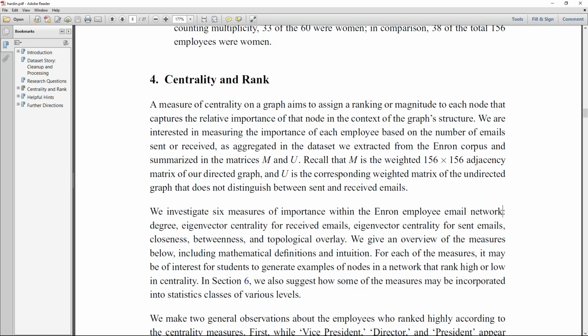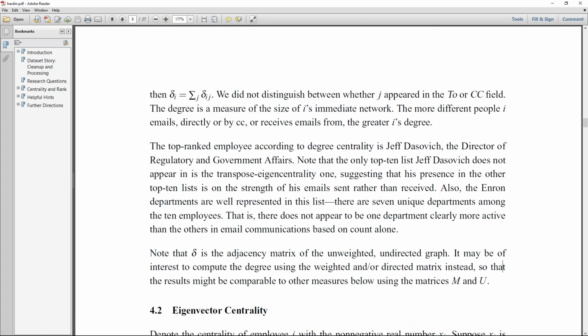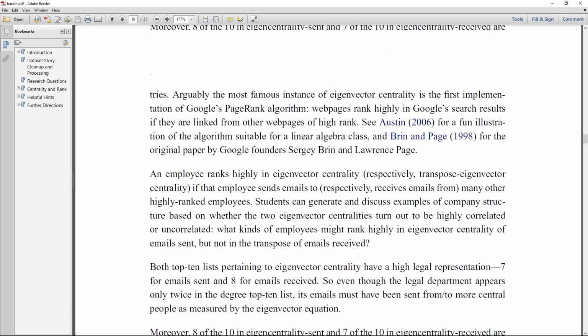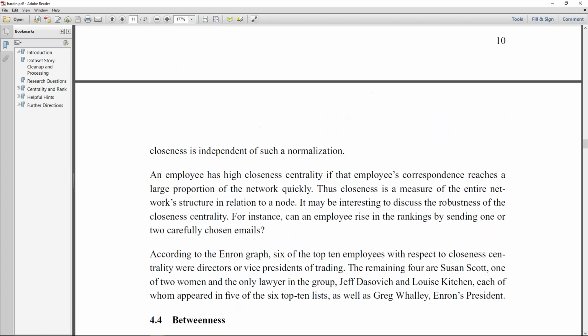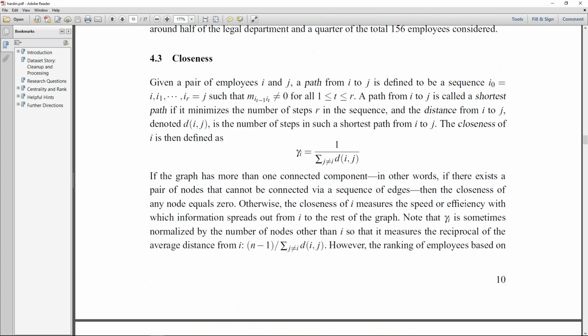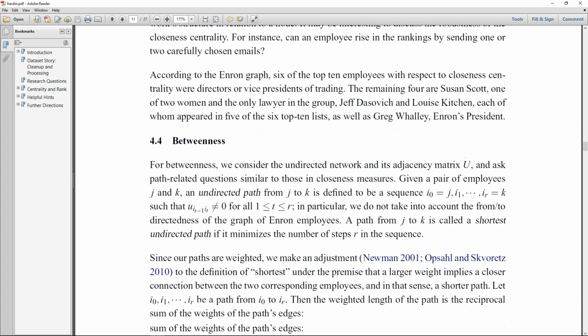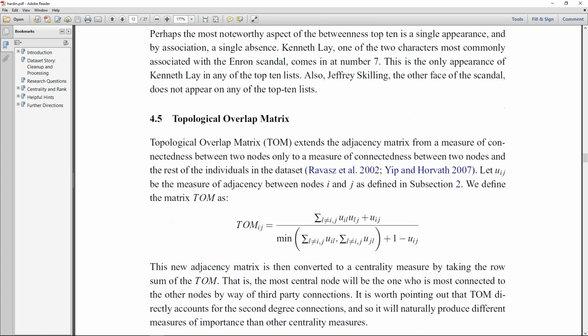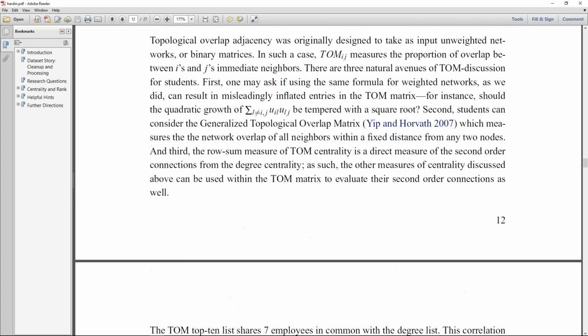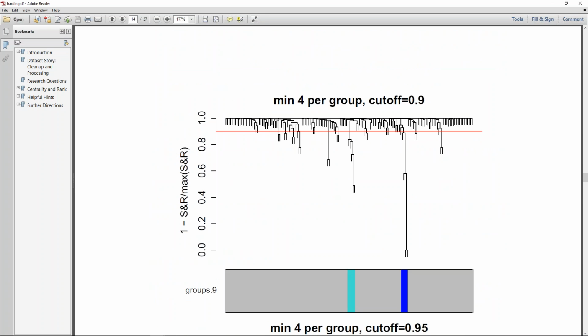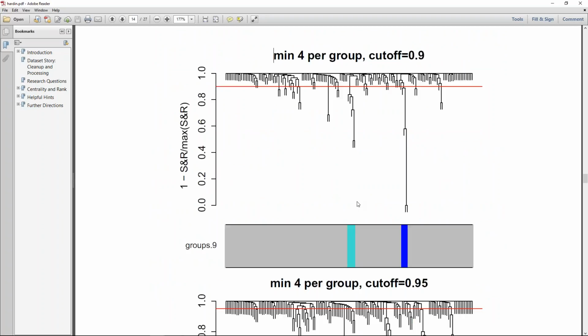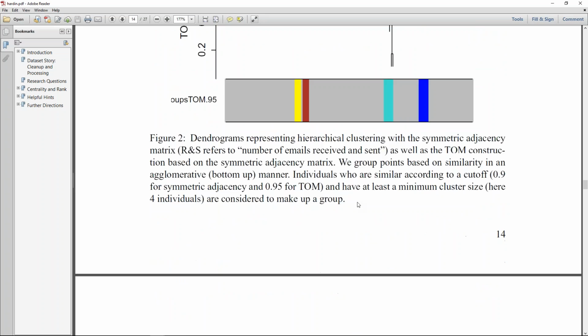Centrality and rank, degree, and eigenvector centrality, closeness of the individual relationships, and then the betweenness of the nodes. Some of the metrics, and then let's see. This is some sort of clustering, to understand the relationship between all the groups, all the individuals.